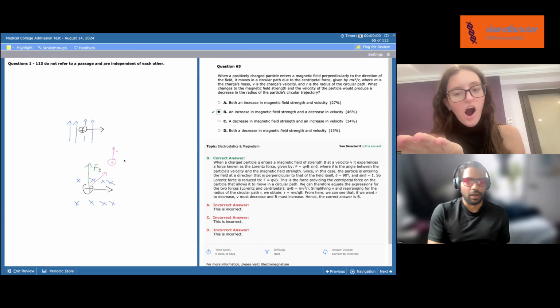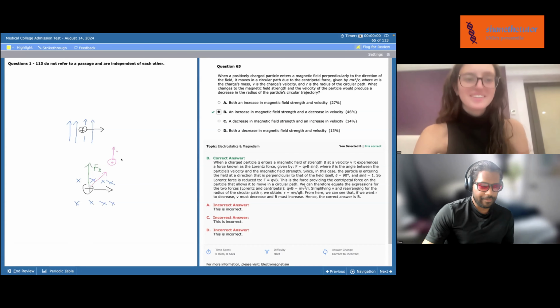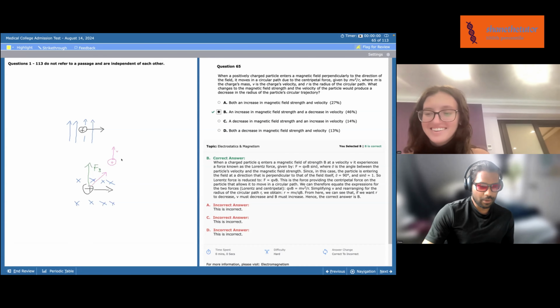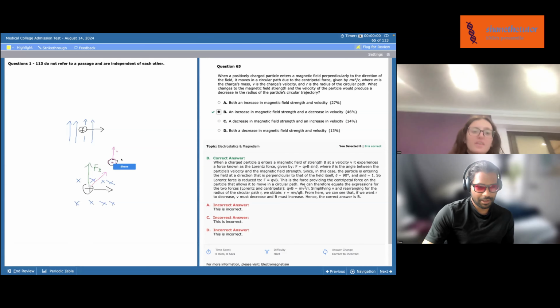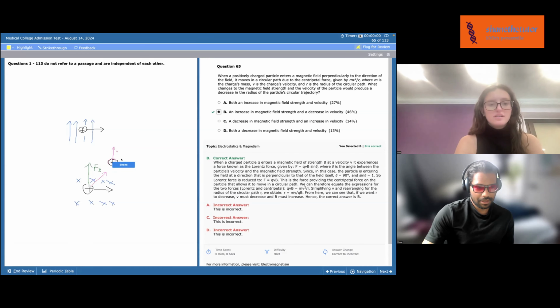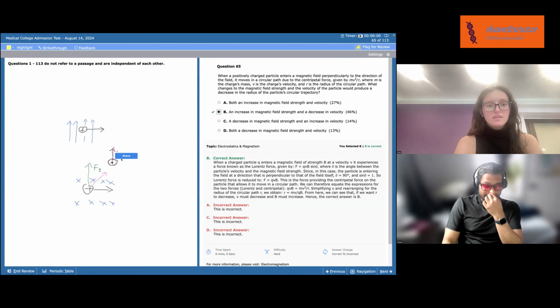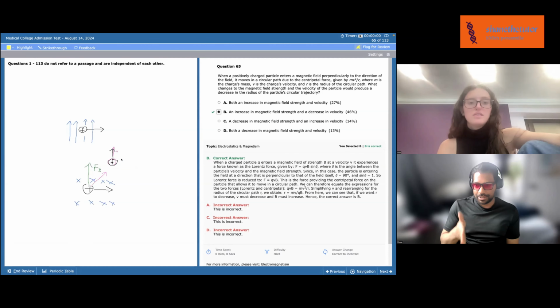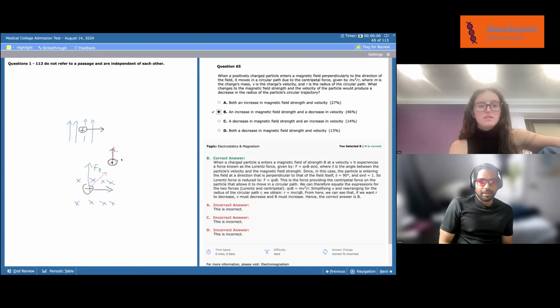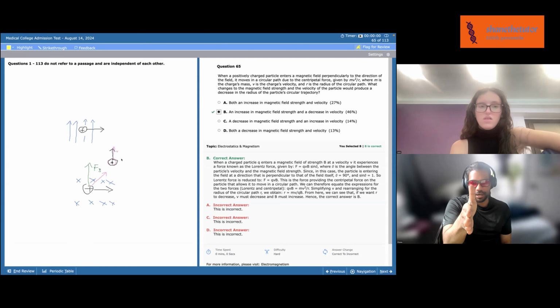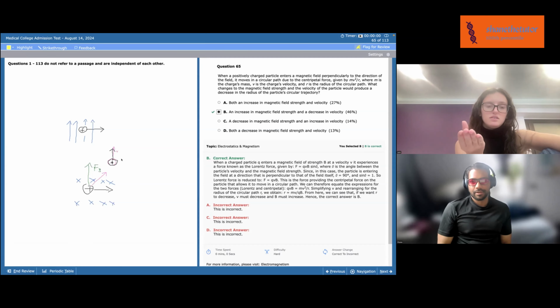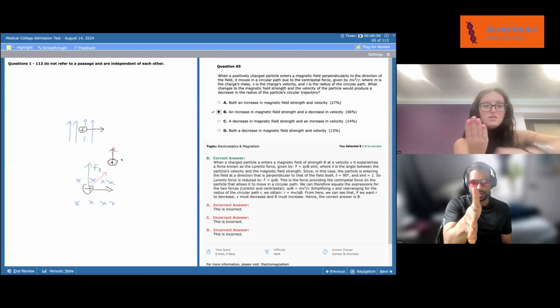Right. All right. Now do it for this one here. So the magnetic field is still going into the page, right? But this time our thumb is going to be facing upwards. Yes. Okay. Wouldn't the force still be going upwards?